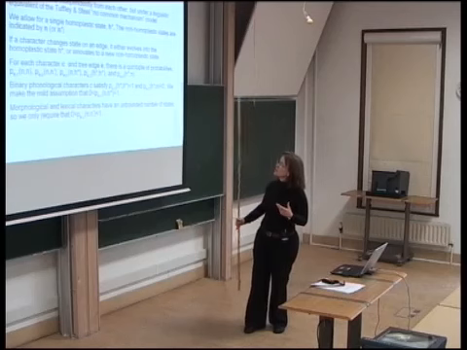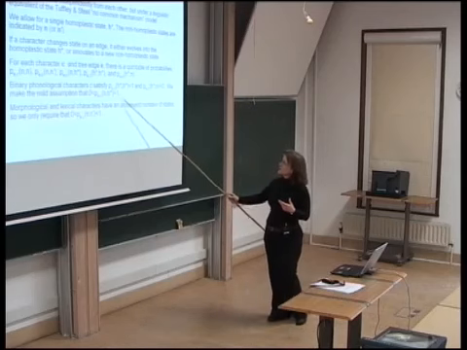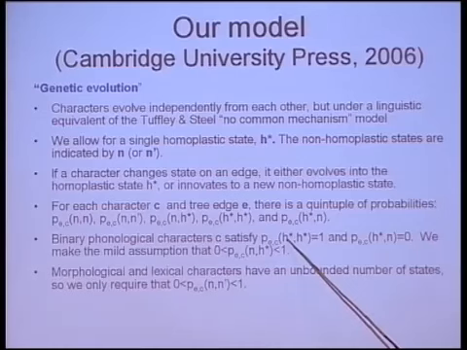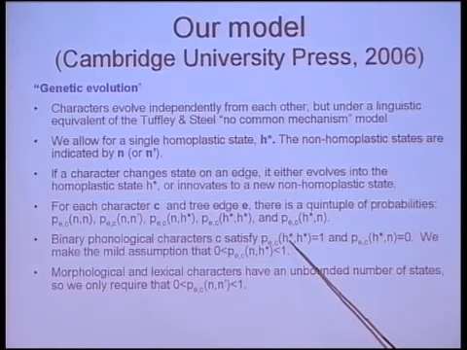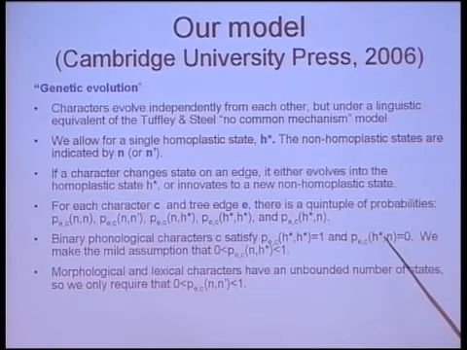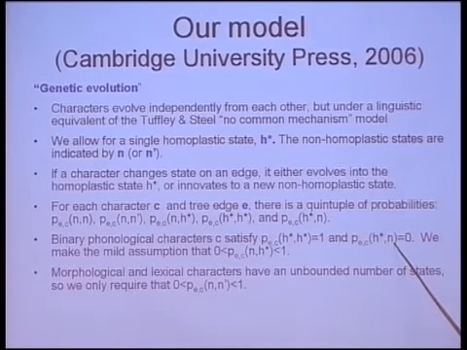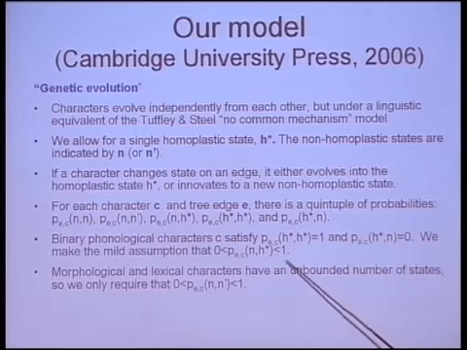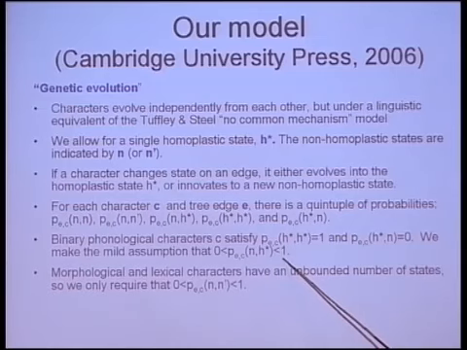So once you're in the homoplastic state, which is the innovative state, because it can happen many times, you have to stay in that innovative state. But you can't go back to the non-homoplastic state, which is the ancestral one. And you're just going to assume that all these probabilities are between 0 and 1.